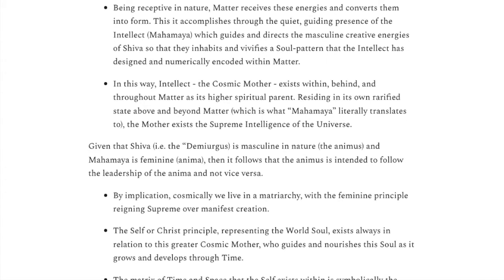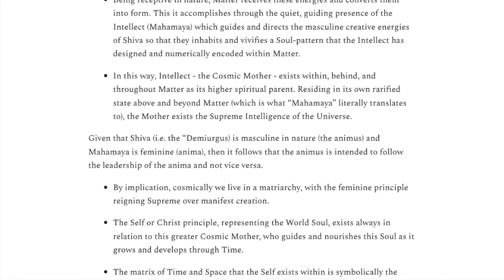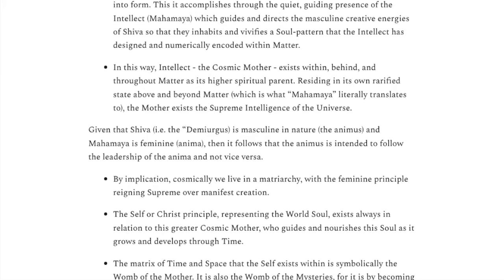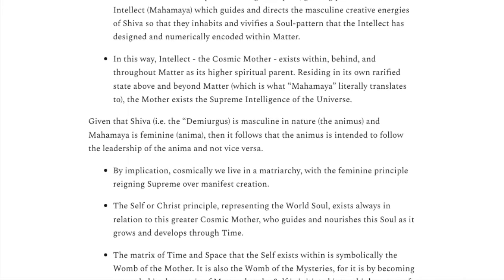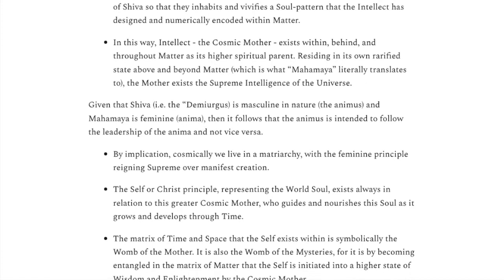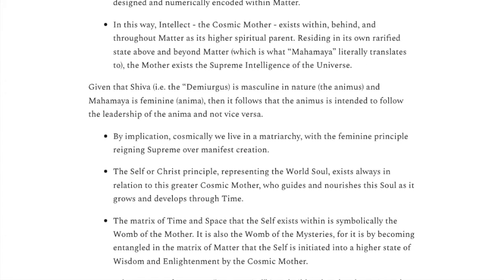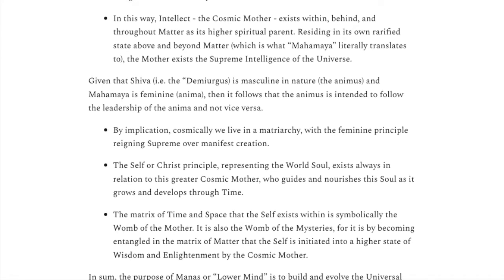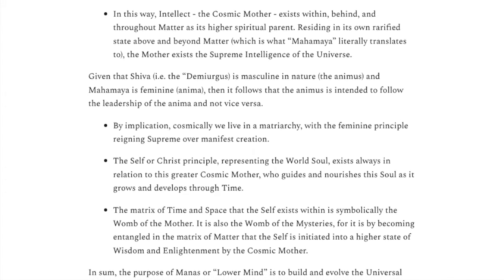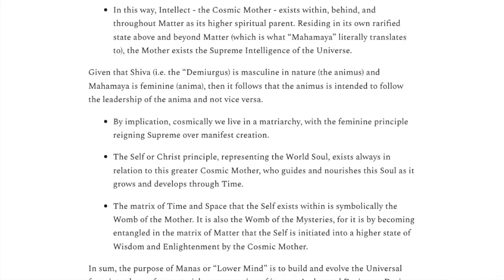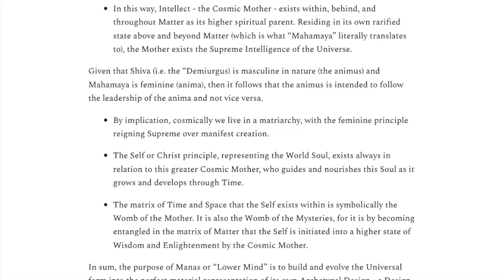Given that Shiva, or the Demiurgus, is masculine in nature, so-called the animus, and Mahamaya is feminine and called the anima, then it follows that the animus is intended to follow the leadership of the anima and not vice versa. Meaning the anima principle is superior and the animus principle is inferior. So the inferior is supposed to follow the superior.